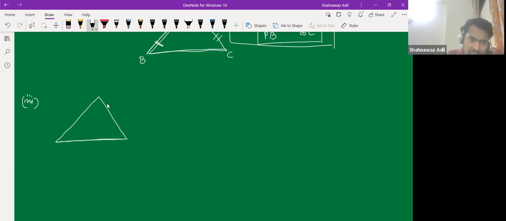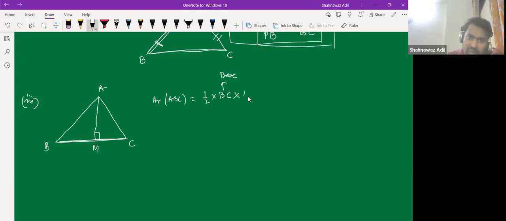If I choose this base, then I have to draw the height from the remaining vertex, from here. So area of ABC would be half, if I choose base as BC.